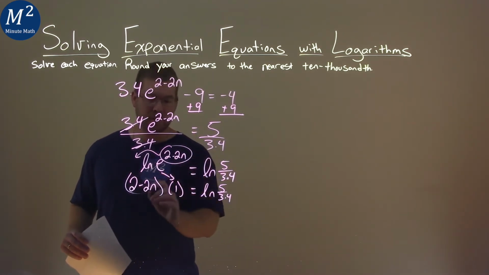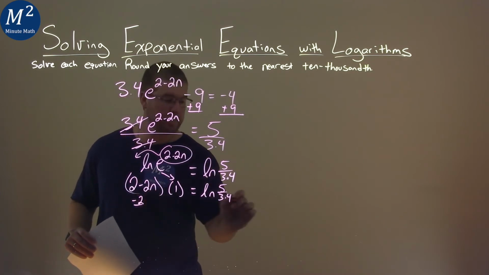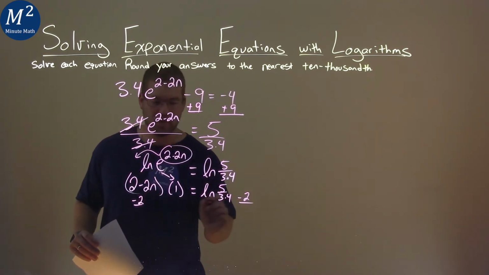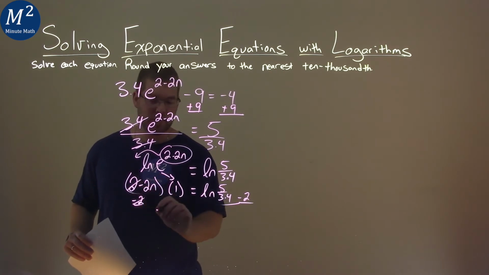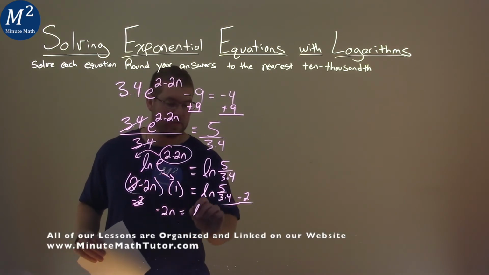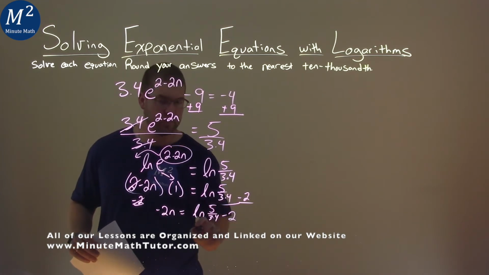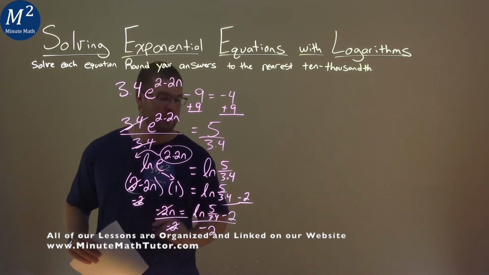So our steps here, I'm going to subtract 2 from both sides. The 2 cancels here, and we have -2n left over, equal to natural log of 5 over 3.4 minus 2. From there, divide both sides by -2. The -2s cancel here. And what does that give us?